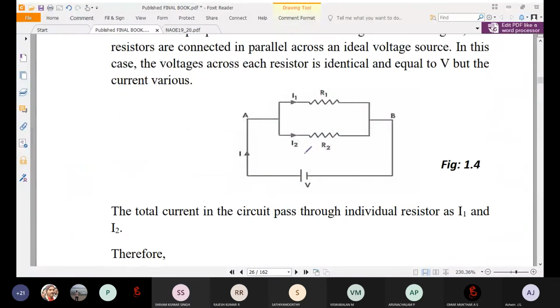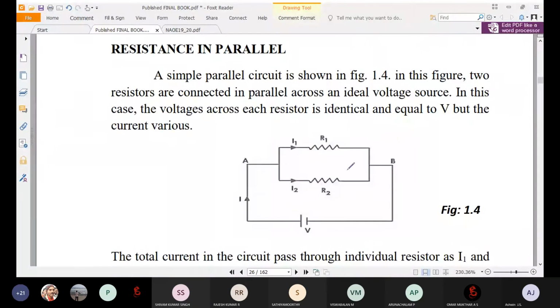And next, come to the parallel combination. This is quite different. Here the voltage will be common across the node. For example, take it as 5 volts.